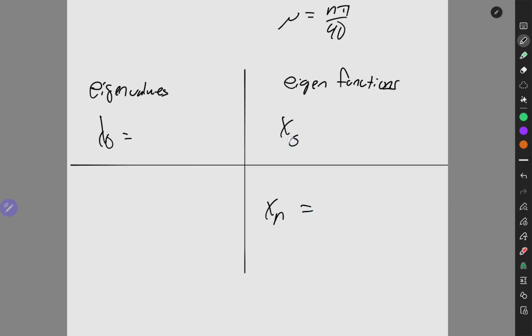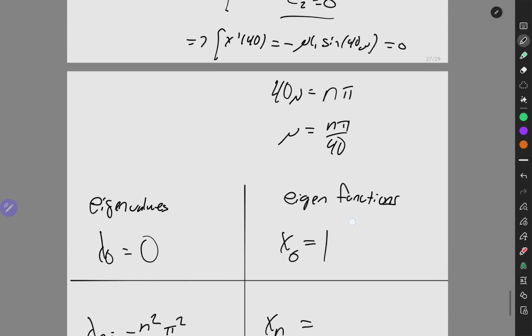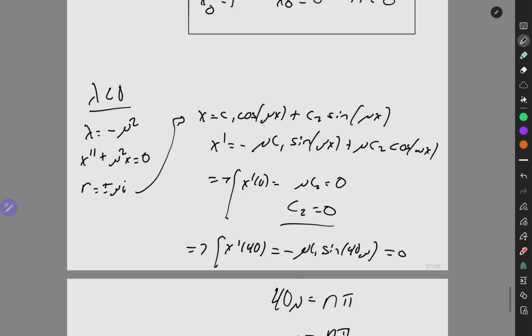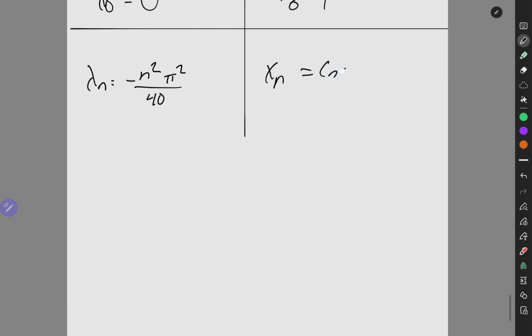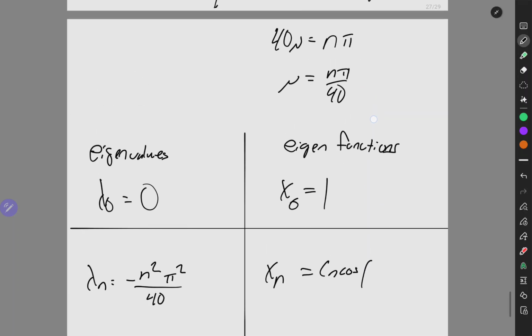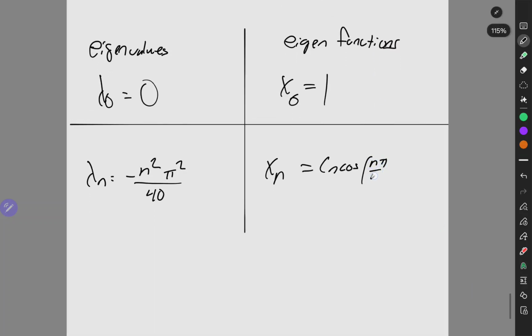X naught. This one, negative n squared pi squared over 40. This one is 1. This one we're left with C1 cosine mu x, cosine of n pi over 40 x. Right? And these are for n equals 1, 2, 3, and so on, greater than 0.